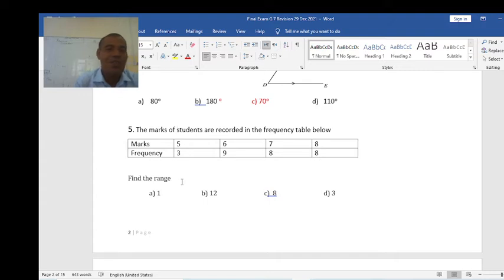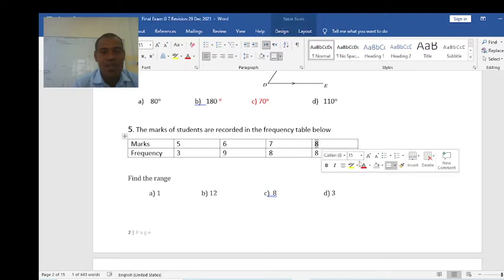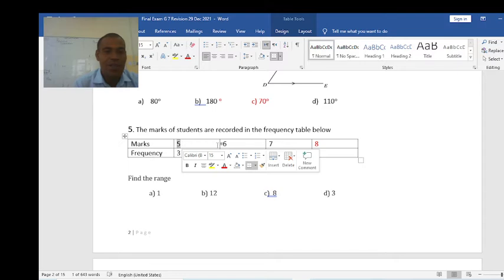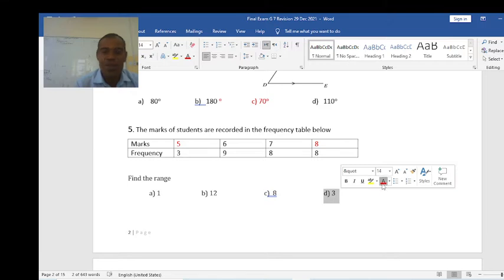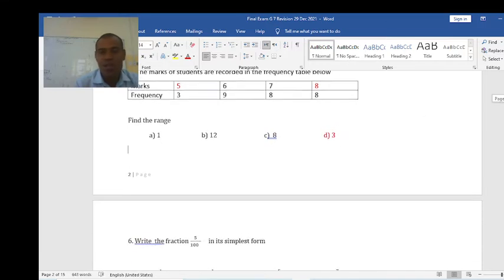The question is find the range. The range, my learners, is the largest mark minus the smallest mark. So it's easy. Just make 8 minus 5 is 3. Clear? I wish that you got the point. How can you find the range using the frequency table?